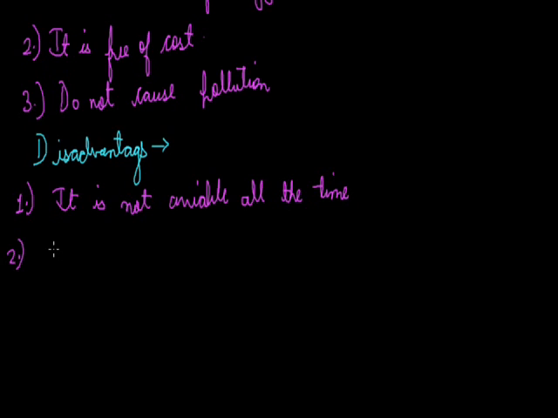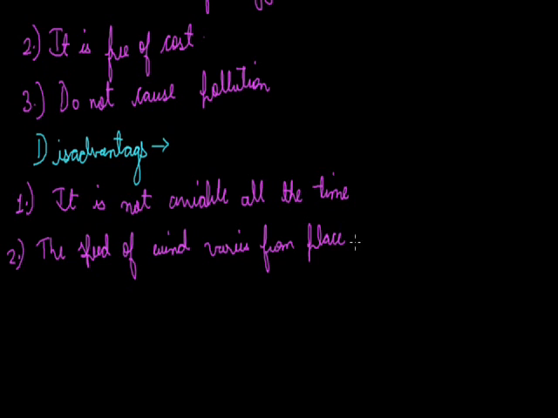So it is a disadvantage that it is not available all the time. The devices which are designed for wind energy are also dependent on the speed of wind. So whenever there is a change in speed, there is a fluctuation in their working and efficiency also. It is also a disadvantage that wind speed varies from time to time and from place to place.